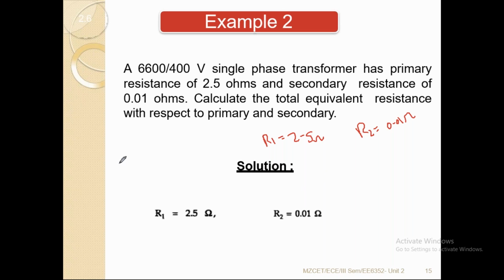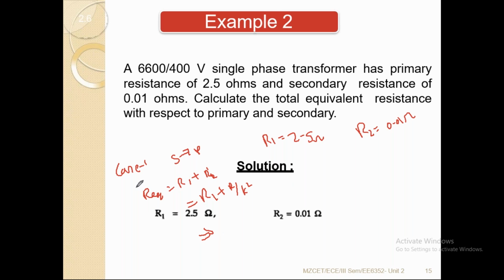So case one, what do we have? When the secondary is transferring to the primary circuit. Now what is the formula here? Req is equal to R1 plus R2 dash, and its value is R1 plus R2 divided by K square. So what is the value of equivalent resistance in case one?